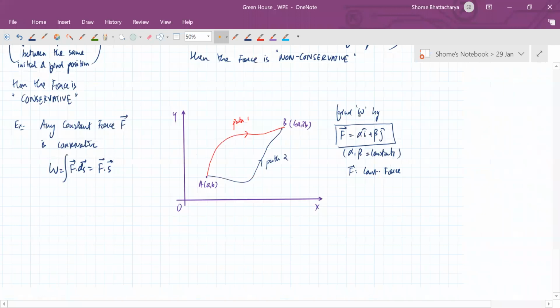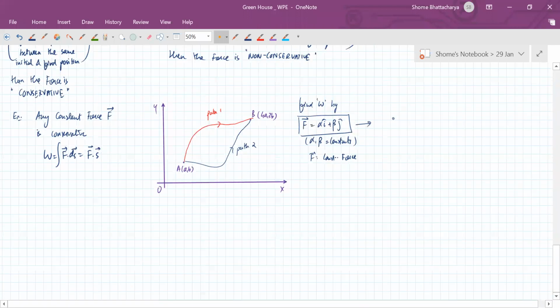You can see work done will become F dot S. So it will become alpha I cap plus beta j cap, dot product with 3A I cap plus 2B j cap.